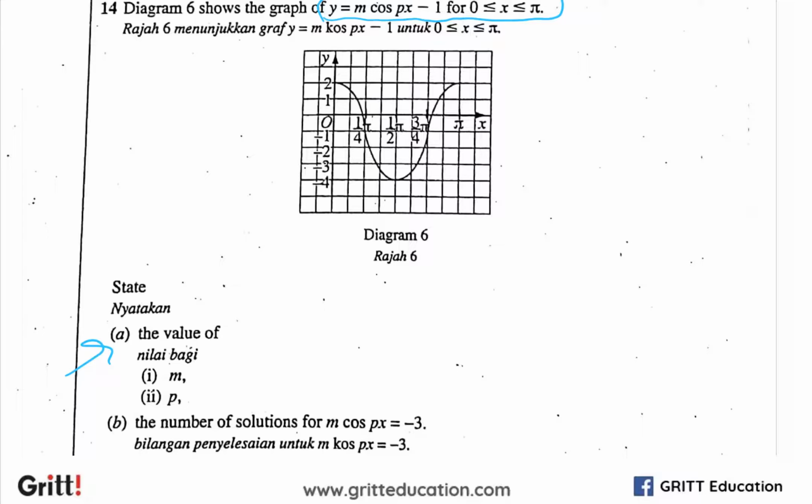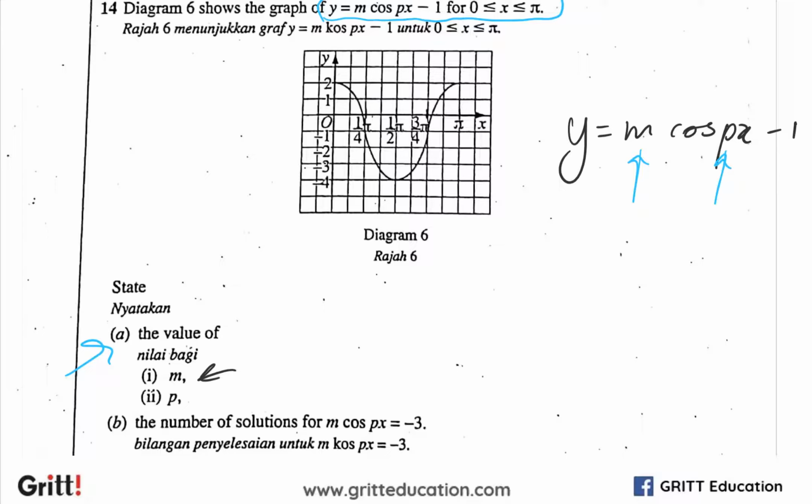If you're looking for m, we have to make sure that there's only one unknown in the equation, because here it is y equals m cos px minus 1. So there are two unknowns that we're dealing with, m and p. If we're looking for m, we don't want p to be part of the equation.